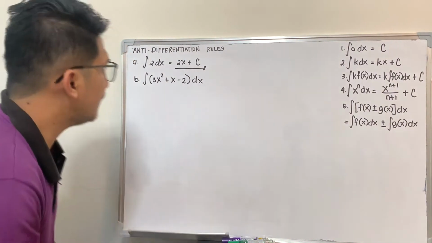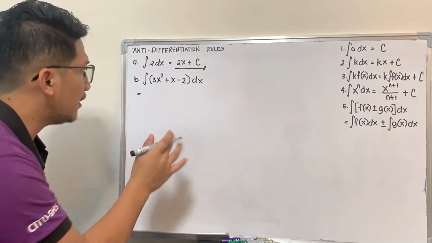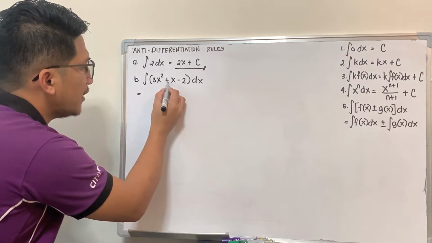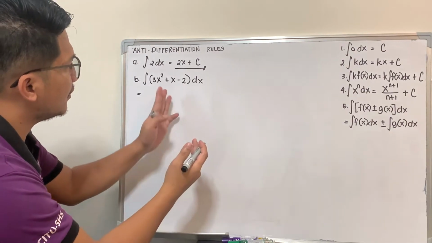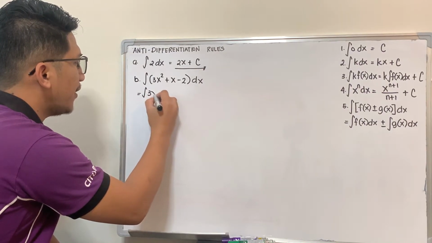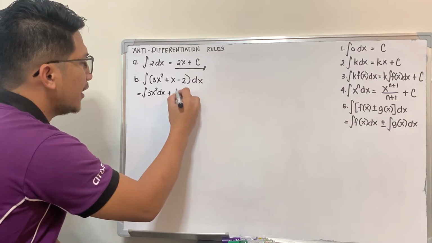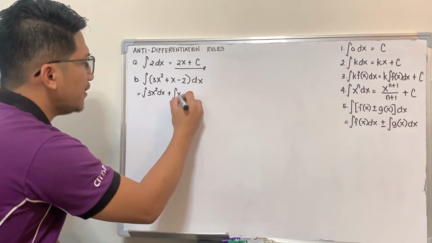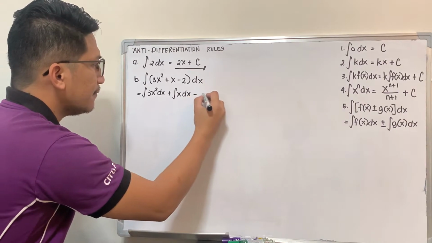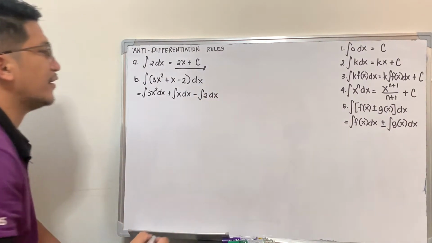So in rule number 5, we integrate term by term, since there are plus and minus inside, or there are 3 terms in this given. So we first integrate 3x squared, then the integral of x dx, minus the integral of 2 dx. Okay?